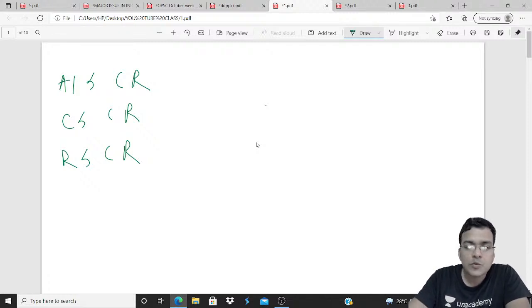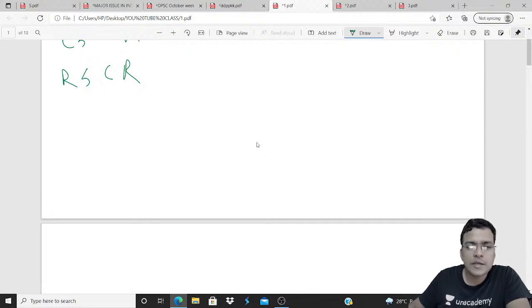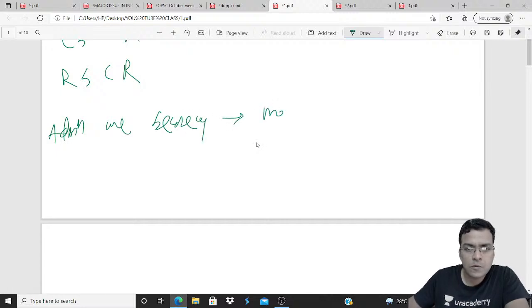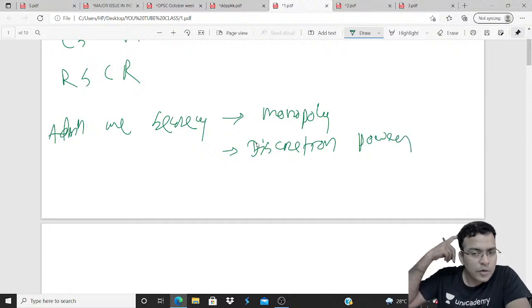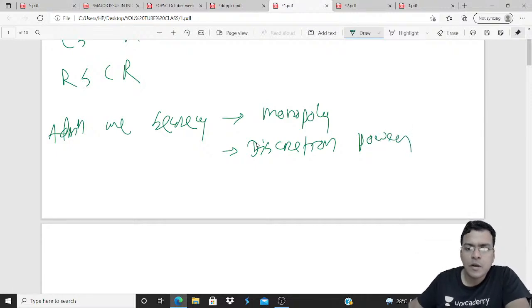Okay, so administration uses secrecy for monopoly, to use its discretionary power, and for its authoritarian nature.